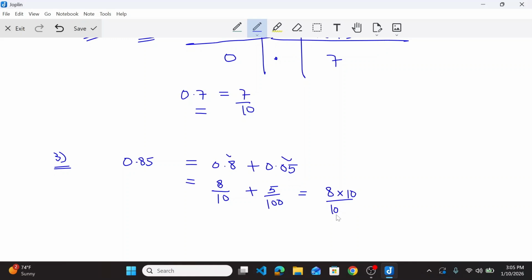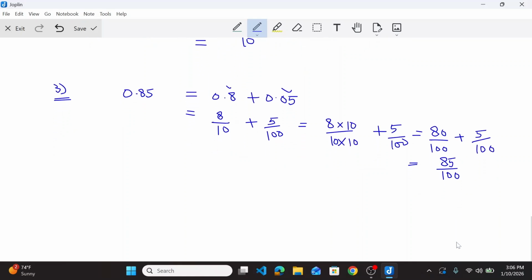We want the denominator to be the same. So 5 divided by 100, and now 8 into 10 is 80. 10 into 10 is 100, and 5 divided by 100. Next we have 85 divided by 100.